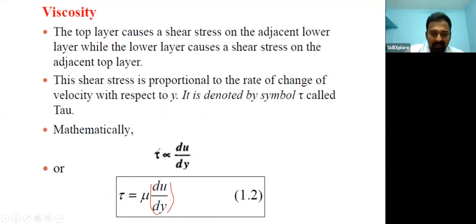The shear resistance of the fluid is directly proportional to the velocity gradient. To remove this proportionality, we introduce a constant called the viscosity coefficient. This coefficient is called viscosity. This term is called viscosity. It is the relation between the shear stress and the velocity gradient.